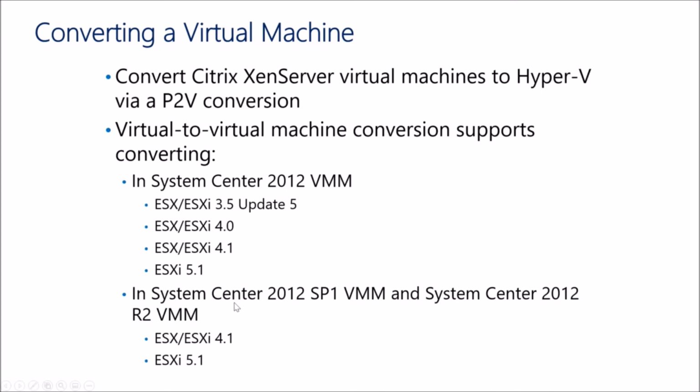And in System Center SP1, you can see that's limited. So it's later versions. Obviously, you need the latest information on the version of Hyper-V or VMM you're using. So you always have a look at these ones.